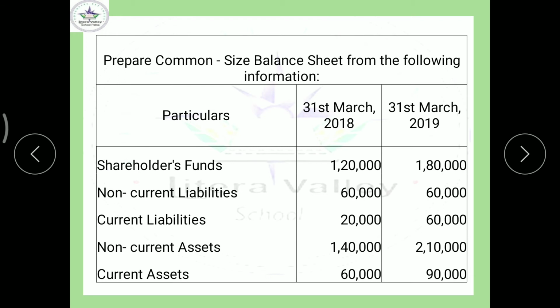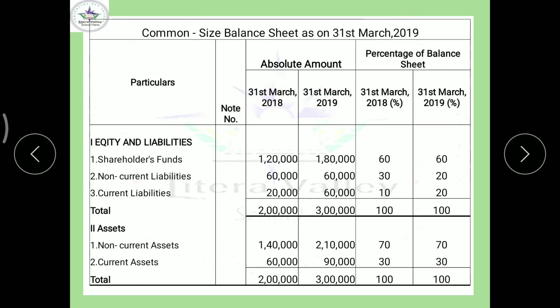Now here comes the previous year. Total of shareholders' funds is 1,20,000 and here it is 2 lakh, you can see here. So what is the percent here? It is 60%.